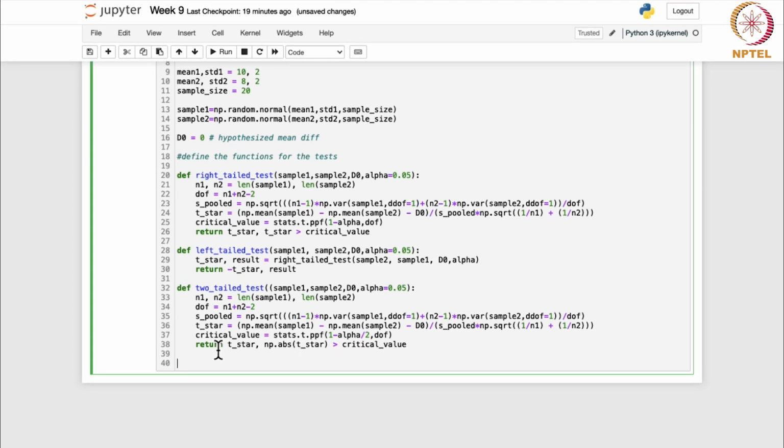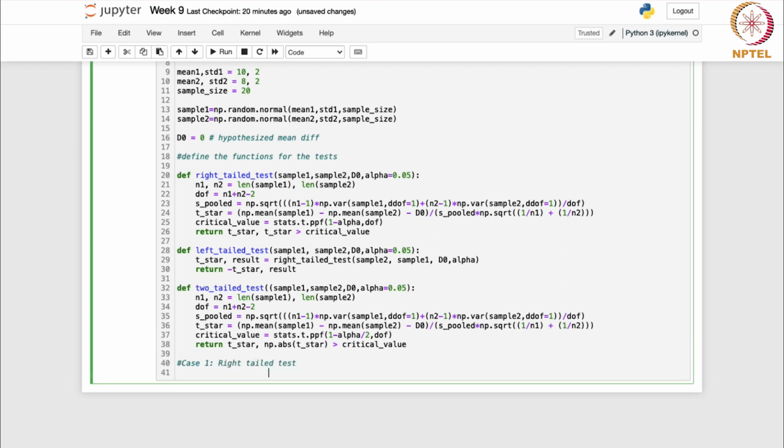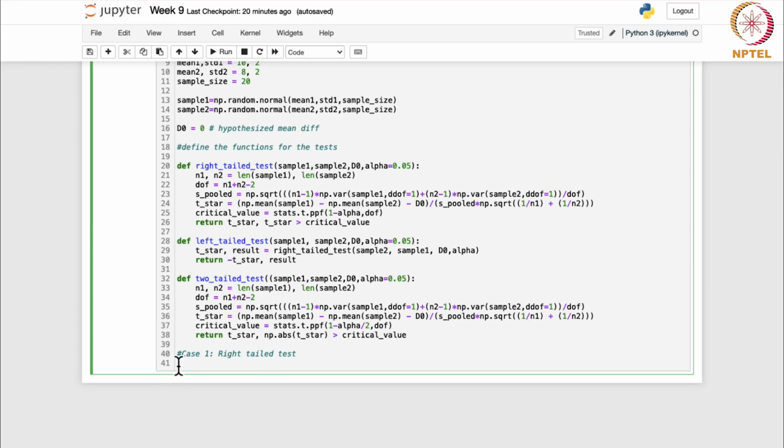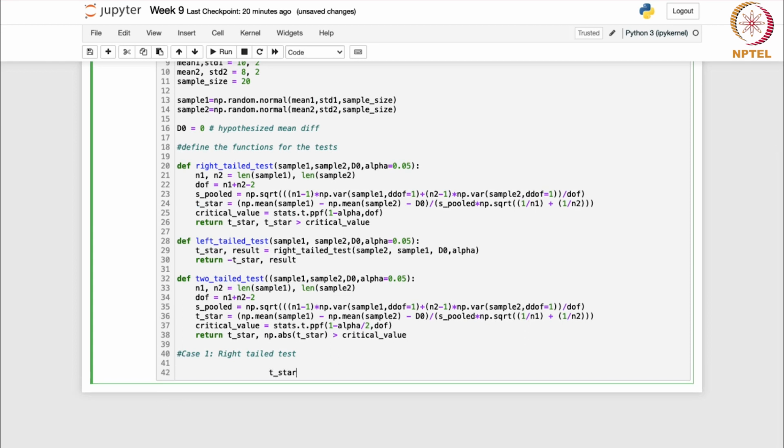So we have defined these functions. Now we are going to do the final testing. Let me start with the right tail test. Here we need the T star and the result. We are calling the function right tail test with sample 1, sample 2 and D naught.